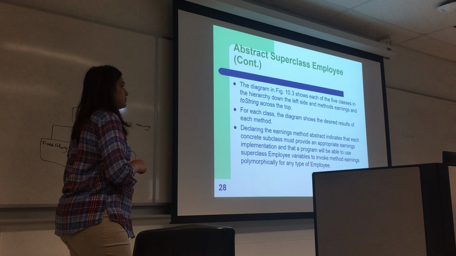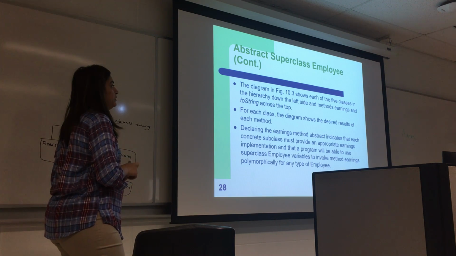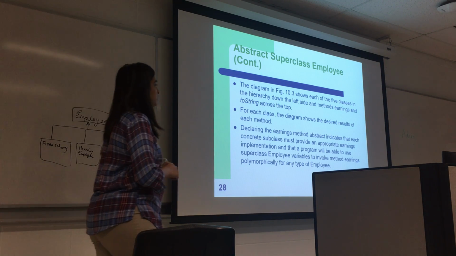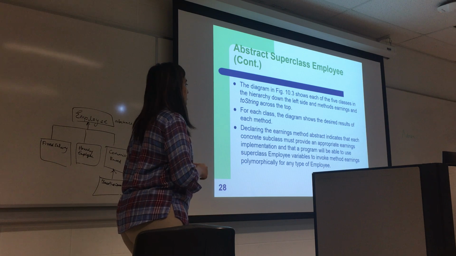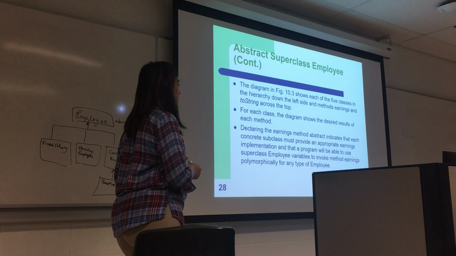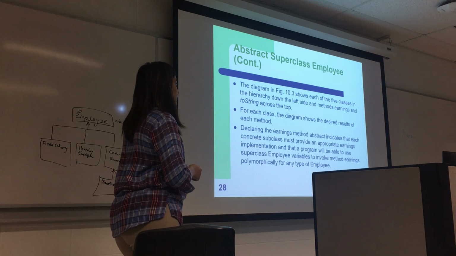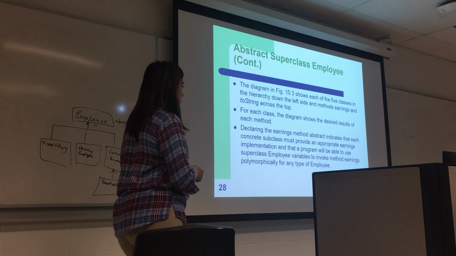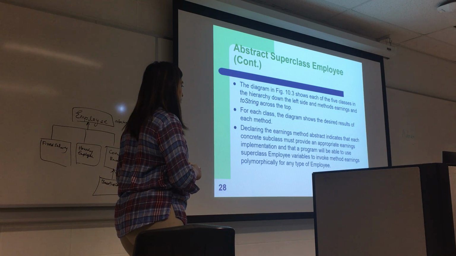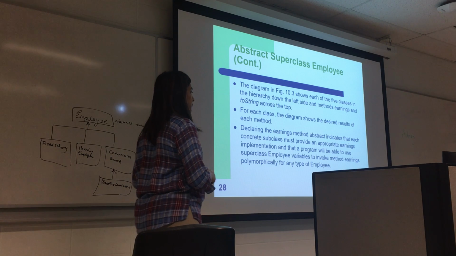For each class, the diagram shows the desired result of each method. Declaring the earnings method abstract indicates that each concrete subclass must provide an appropriate earnings implementation, and that a program will be able to use superclass employee variables to invoke method earnings polymorphically for any type of employee.